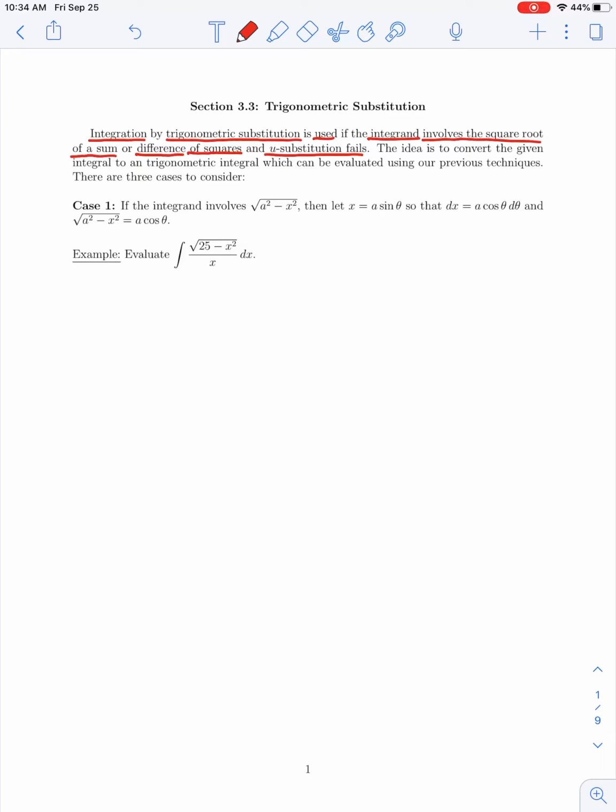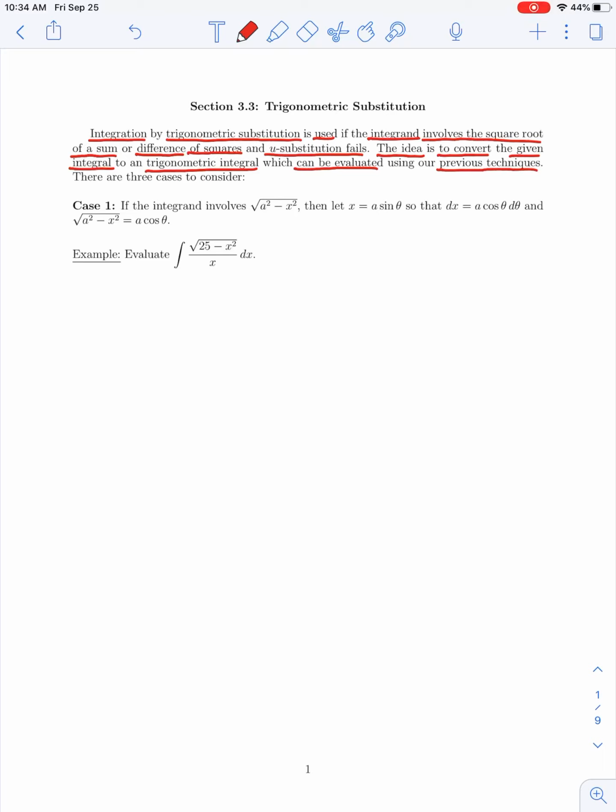The general idea of this method that we'll see throughout this section is to convert the integral that we're given into a trigonometric integral, so something involving, say, sines and cosines or secants and tangents, which can be evaluated using our previous techniques.